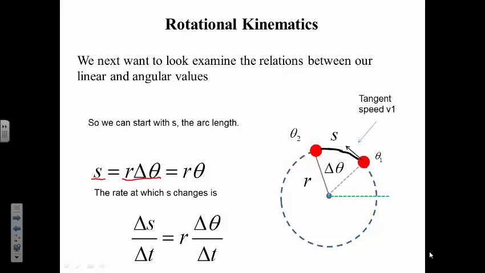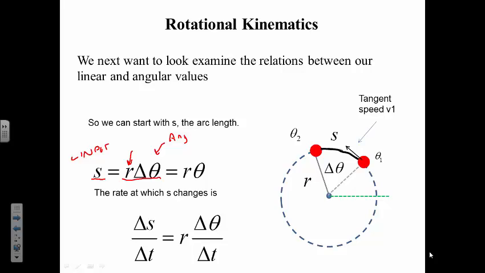This arc length is related to R times that theta, and as R gets bigger for a fixed delta theta, S will get bigger. So that's the relation between angular displacement and linear. Remember, this side is linear and this side is angular, and the relation between them is through this R.